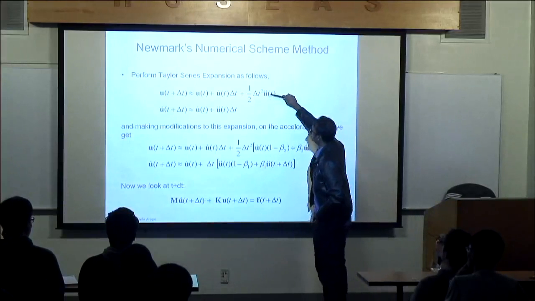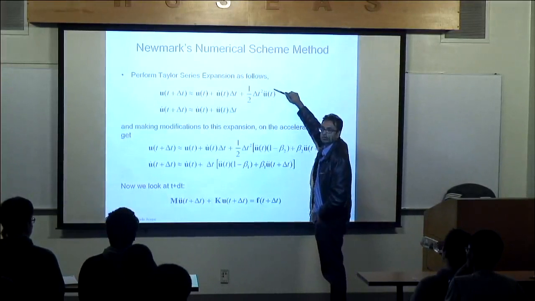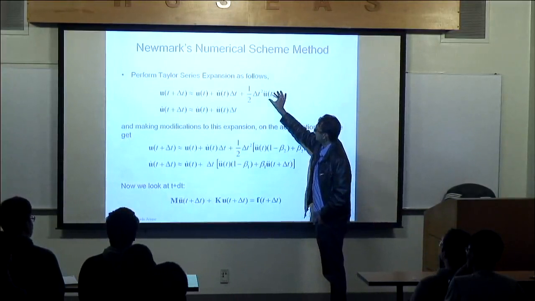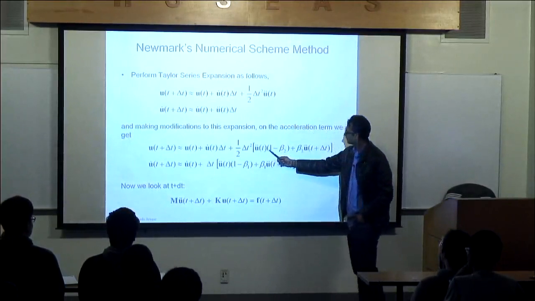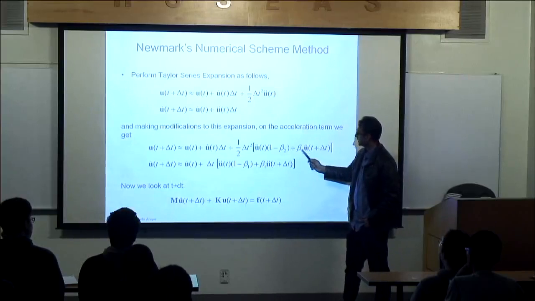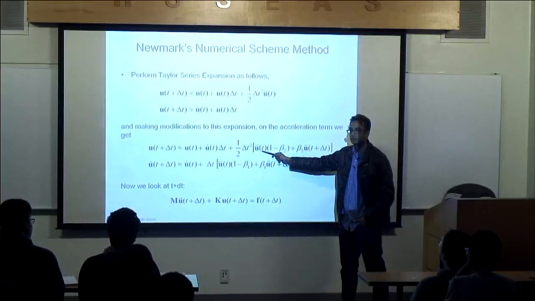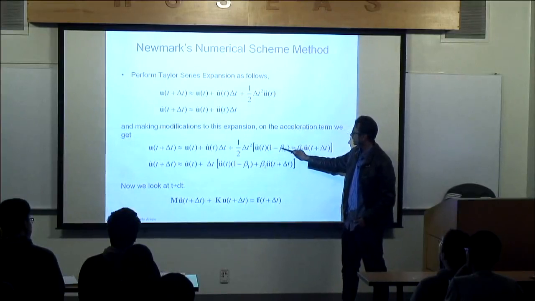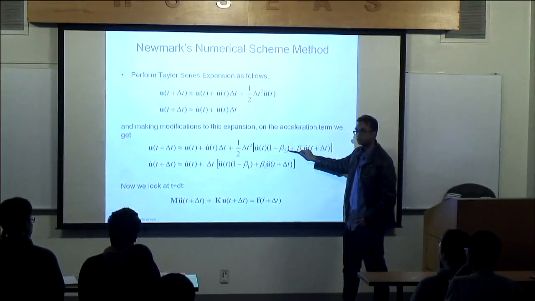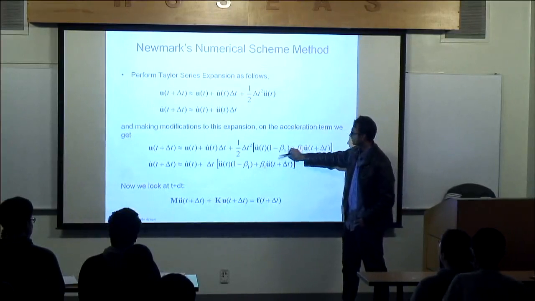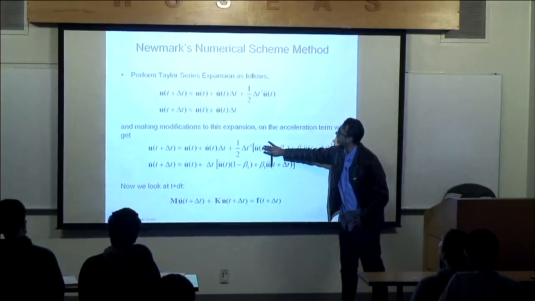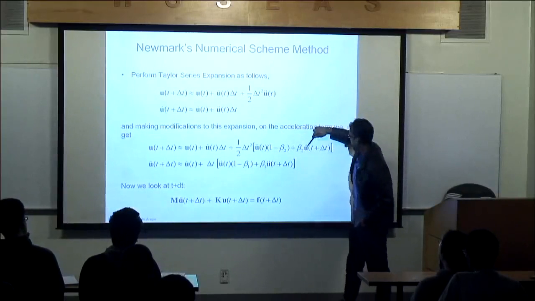So I'll take this u double dot term. You see this u double dot term? I'll take this term, and I'm going to interpolate it between the future and the past. So if, for example, I put beta 2 equals 1, then this term is replaced by u double dot at t plus delta t.